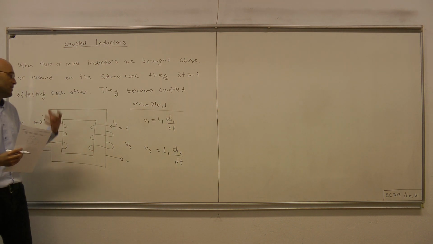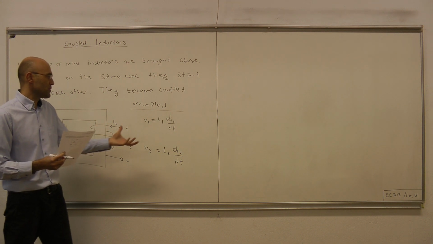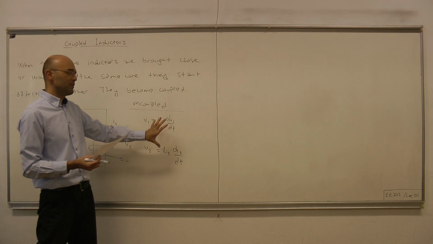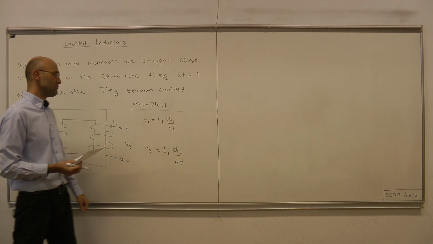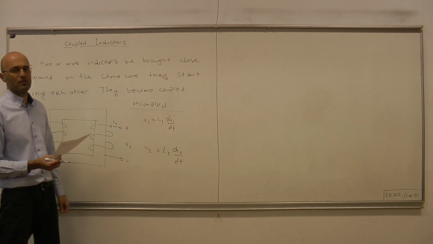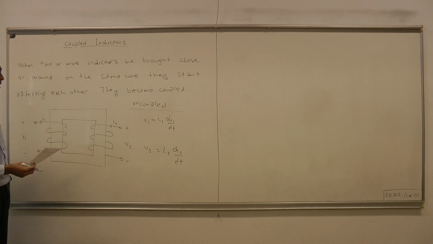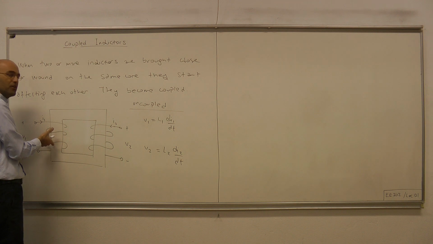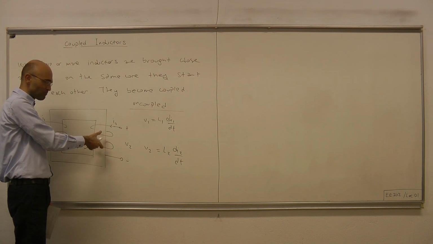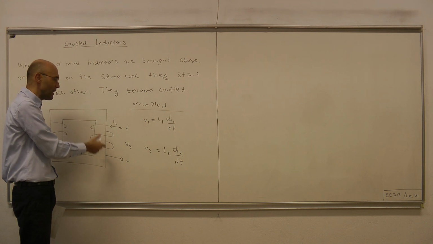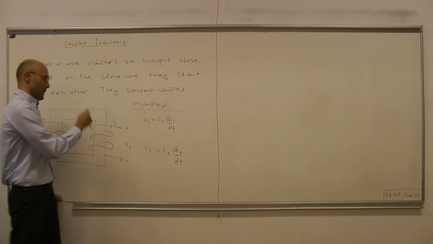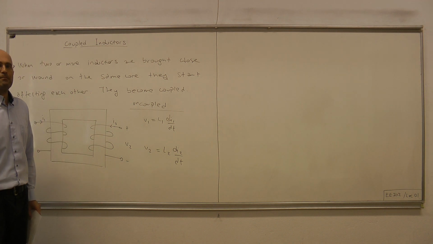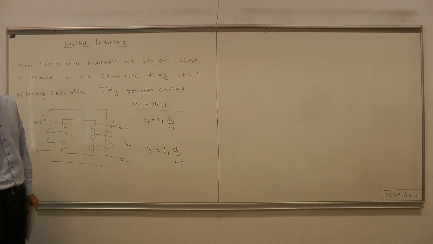And in certain situations, this might be an accurate way to describe the situation, so this might be enough for our purpose. But in some cases, the flux generated here affects the flux in the second coil and vice versa. Therefore, this model becomes inaccurate.